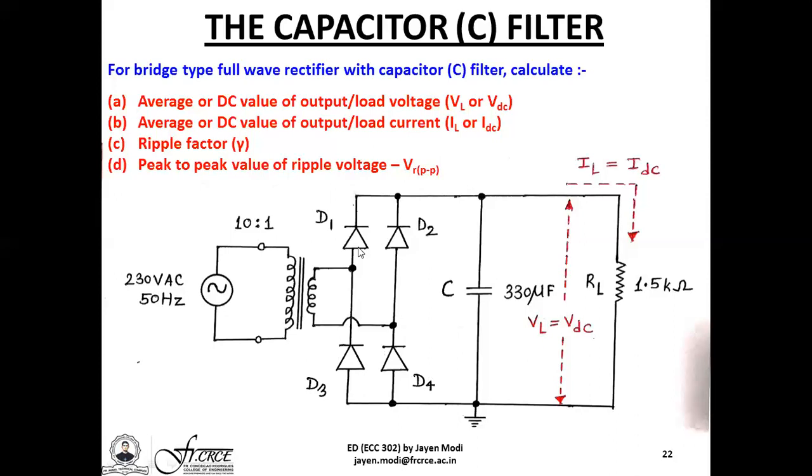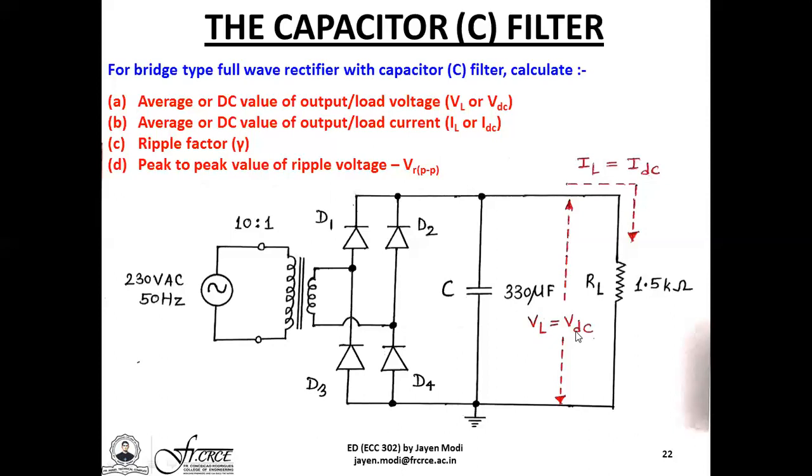So Rx and Rf do not have to be taken into account at all. The capacitance C is given by 330 microfarads. The load RL is given by 1.5 kilo ohms. The first thing we have to do is to calculate the DC output load current IL, or the value IDC, and the DC output or the load voltage given by VL, or the value VDC.